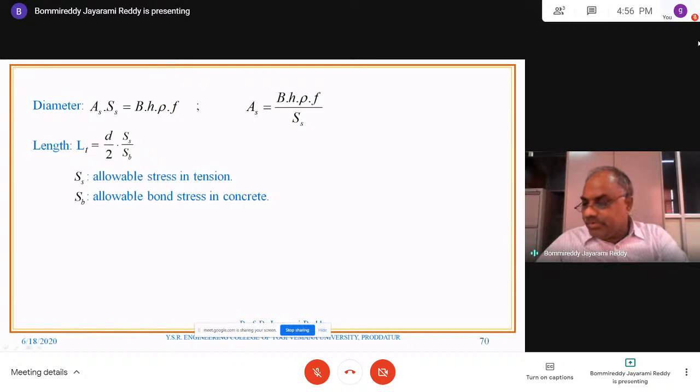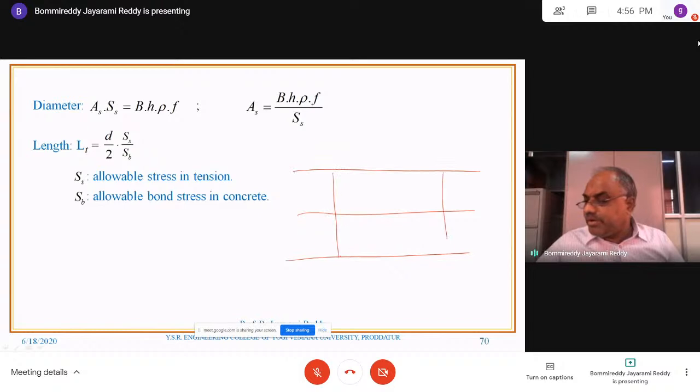You can look at here. This is one and this is another one, and it is a panel. Tie bars are provided in this fashion, like this.